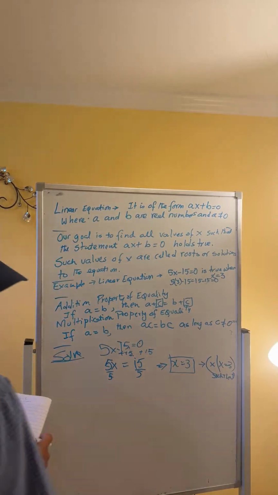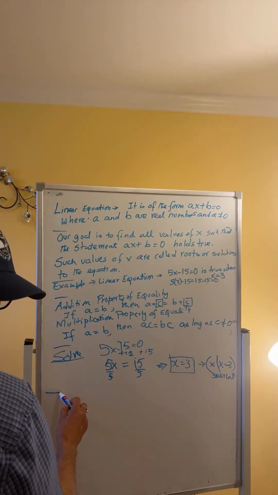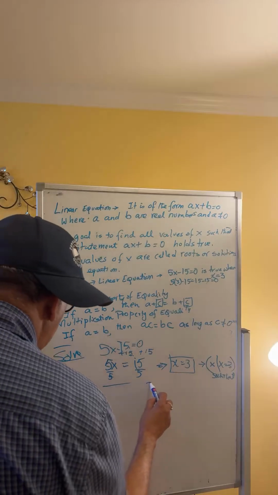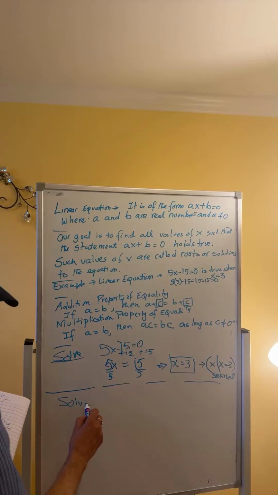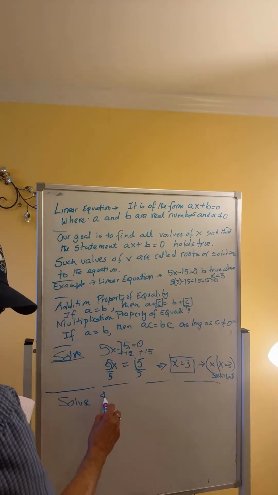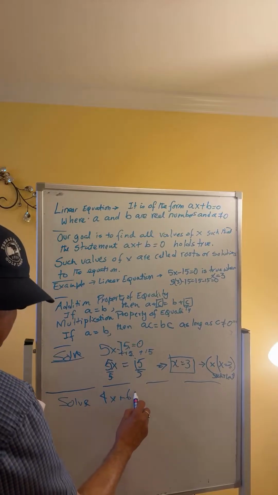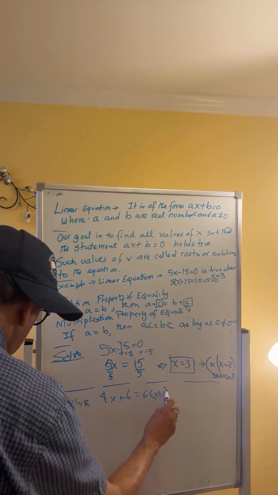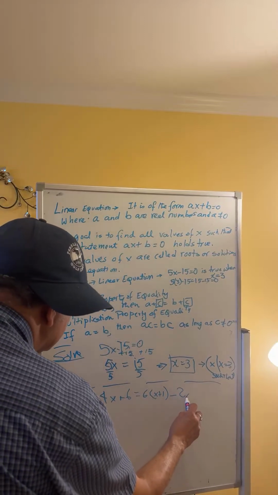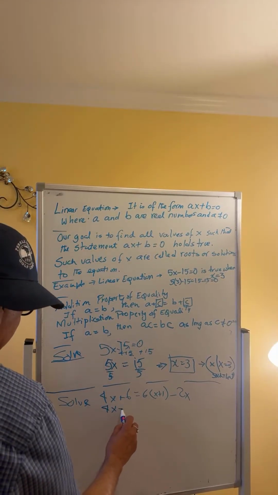Now let's take a special look at a couple of cases. Let's solve x plus 6 is equal to 6 times x plus 1 minus 2x. We can write the left side as x plus 6.